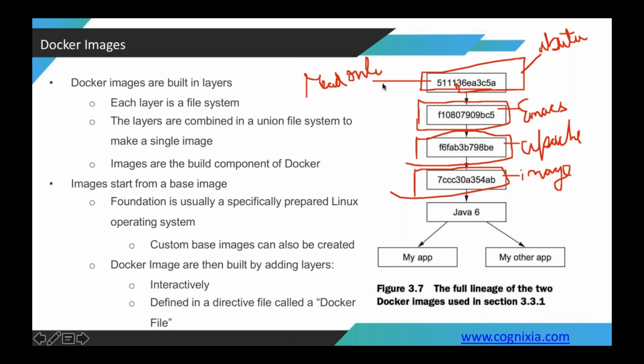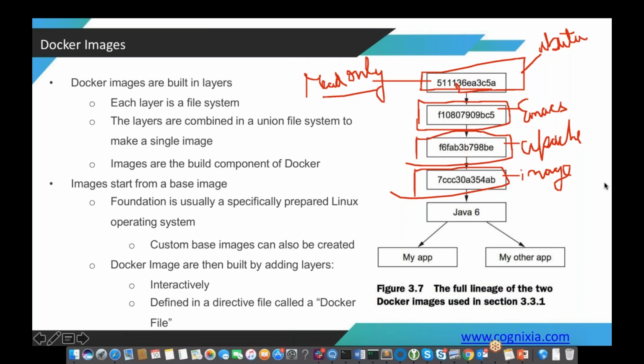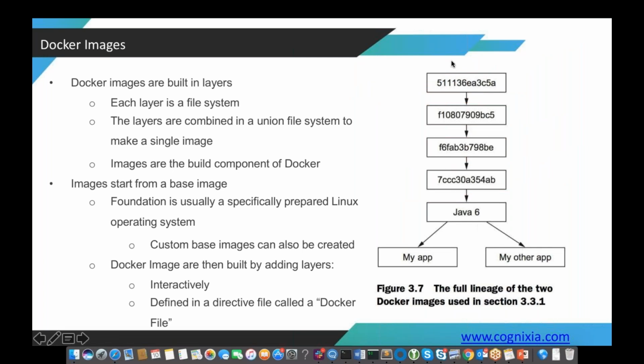So you are always going to create a new image, and then you are going to stack all these images together to create your final image. Is it clear to everyone how the images work? All right, let's move ahead.